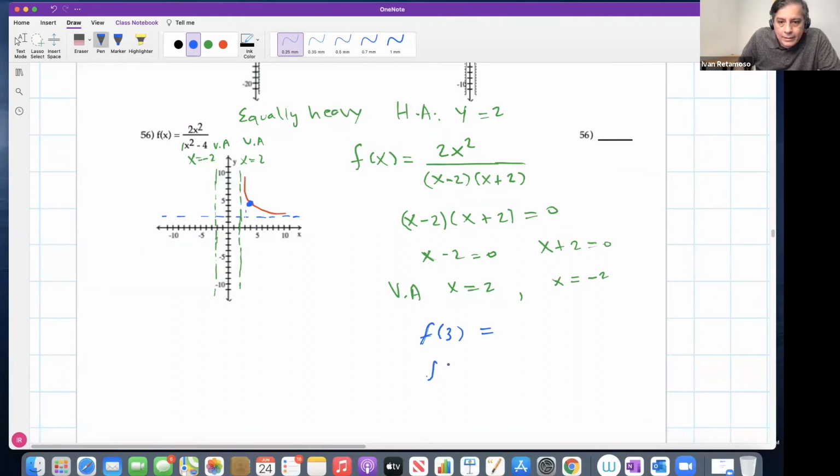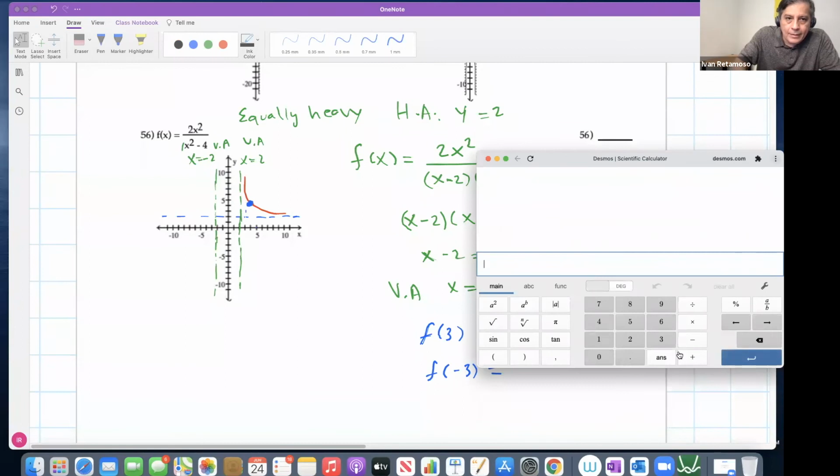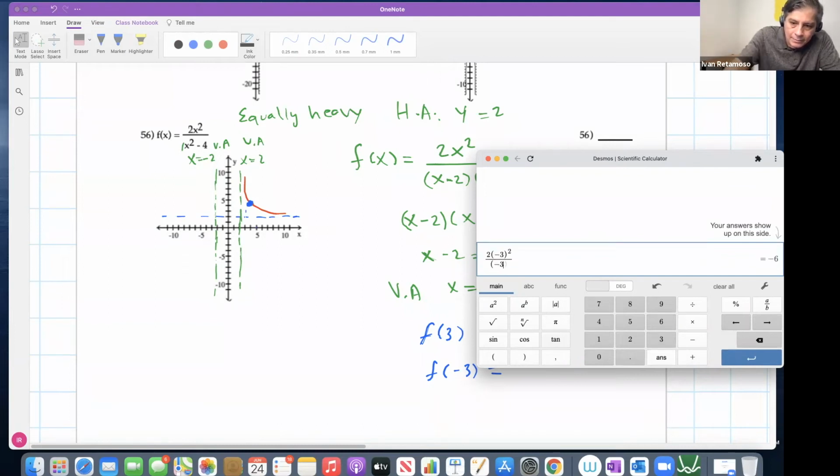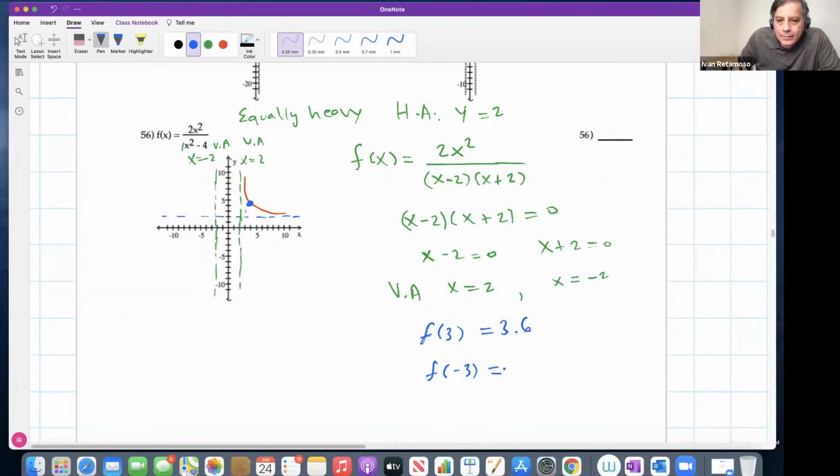F of -3, let's see what we get. 2 times -3 squared, minus 4. We're going to get the same value, because the square of 3 and -3 is the same, right? 3.6 again, so it's the same, 3.6, 3.6.